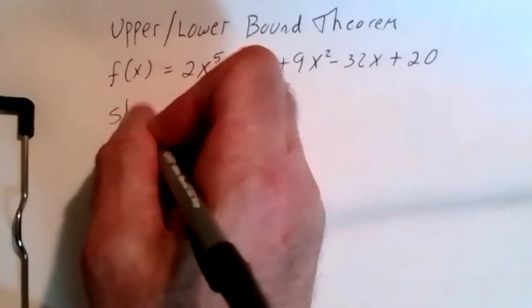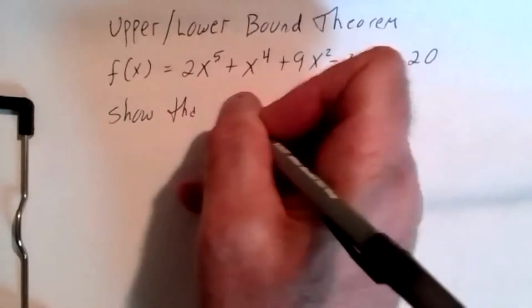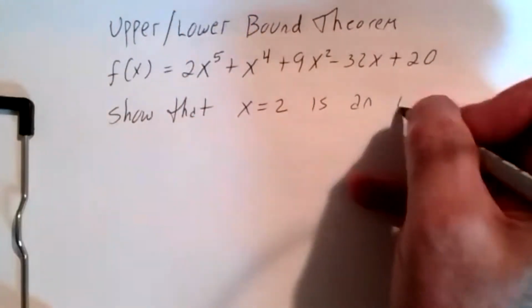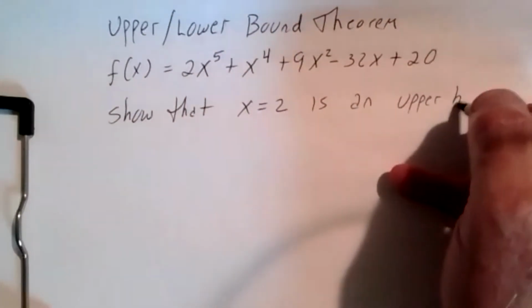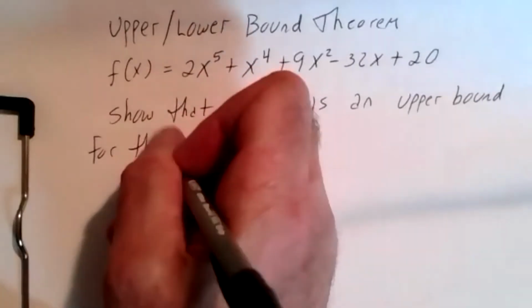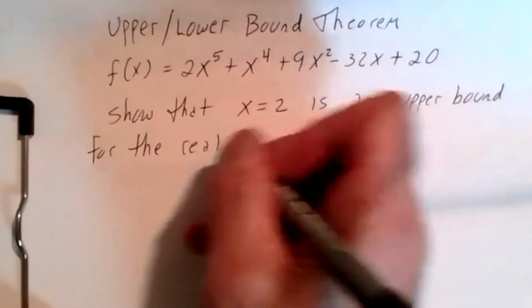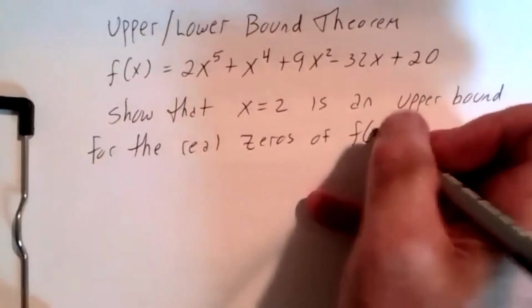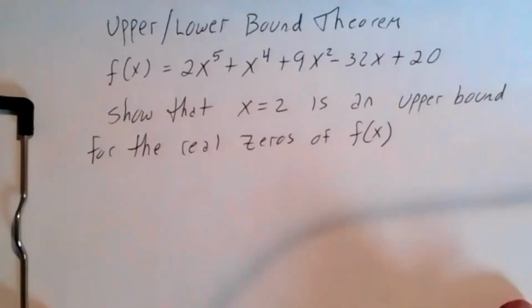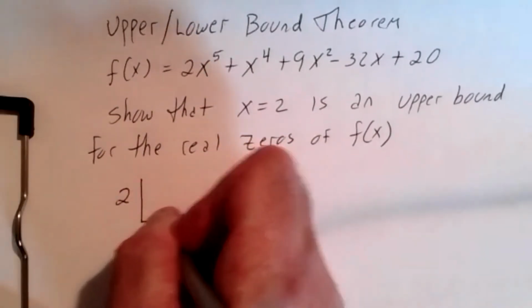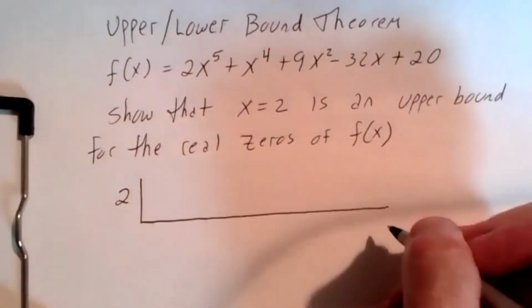I'm going to show that x equals 2 is an upper bound for the real zeros of f of x. I'm going to demonstrate that by using this upper bound theorem. All right, so this is how it works. We synthetically divide 2 into the coefficients of this polynomial function.